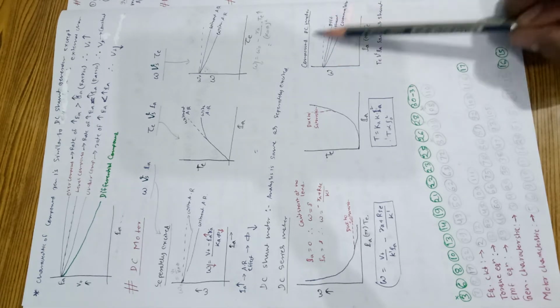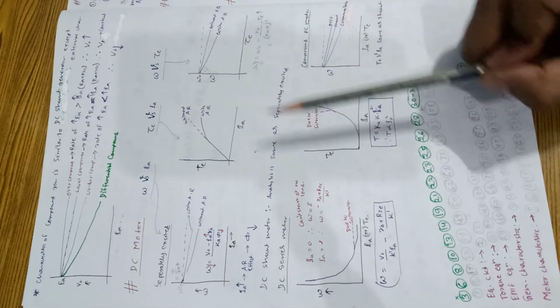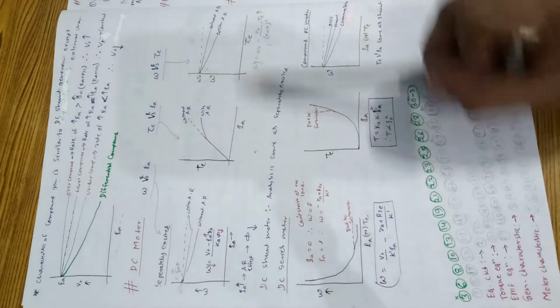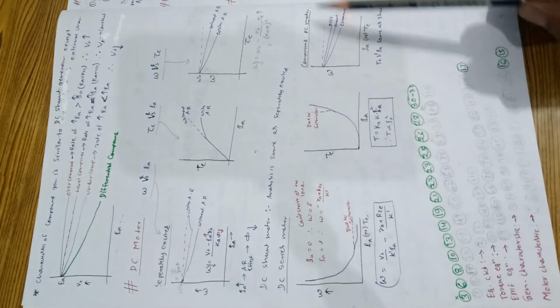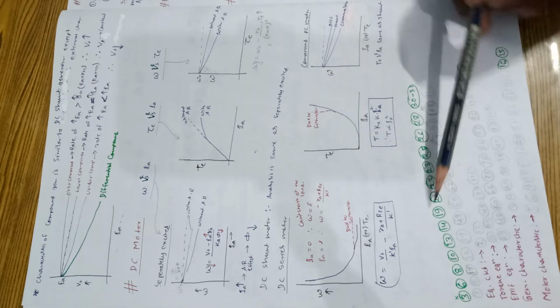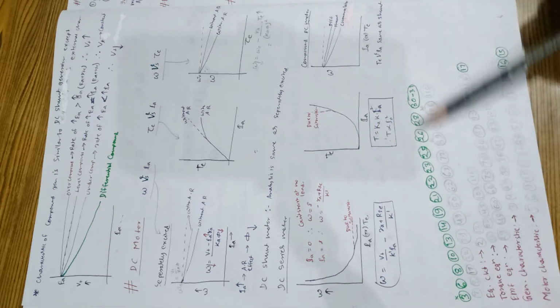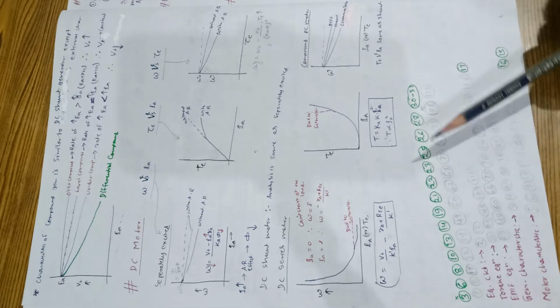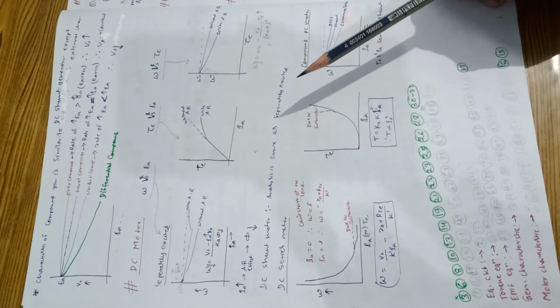It is very simple. We only have to remember this one, this one and this one. This is for series and this for compound. Most of the questions are asked from this topic; this green one is for GATE, this one is for ESE.